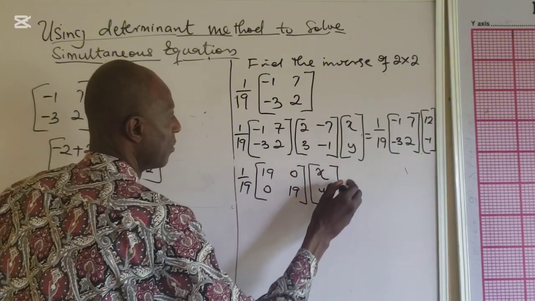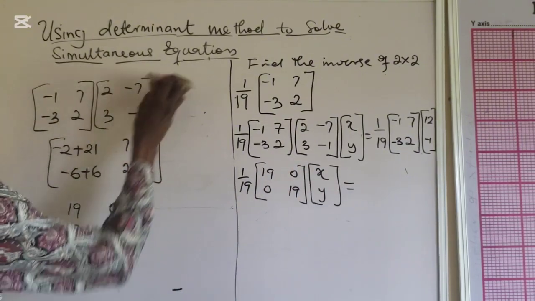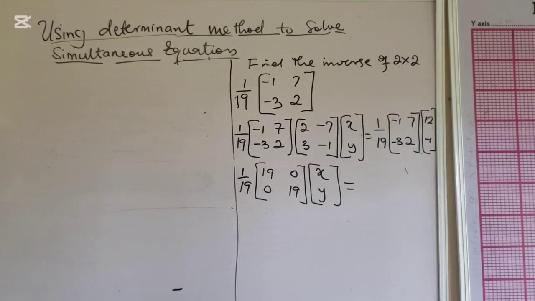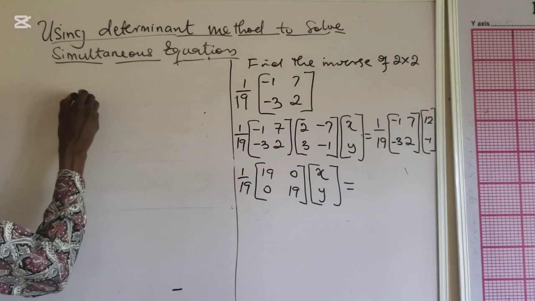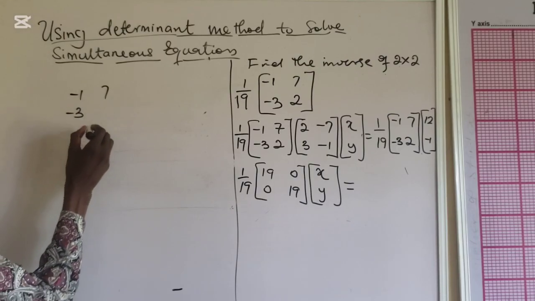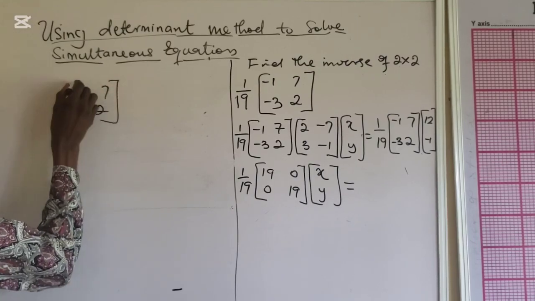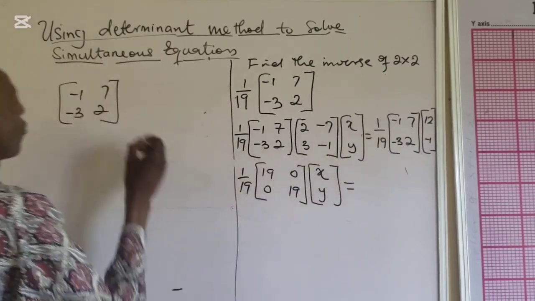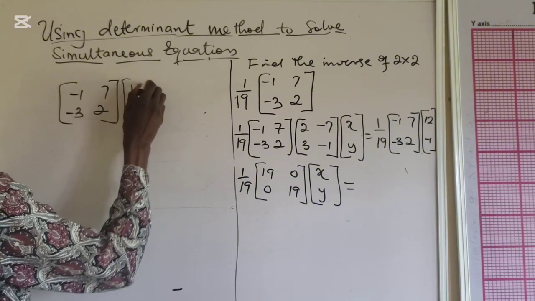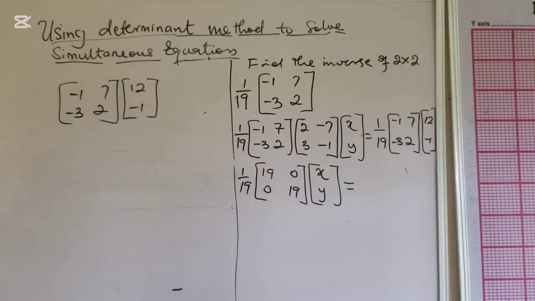Which is equals to, okay, let's perform the multiplication on the other side. We said minus 1, 7, minus 3, 2, multiplying 12 and minus 1.